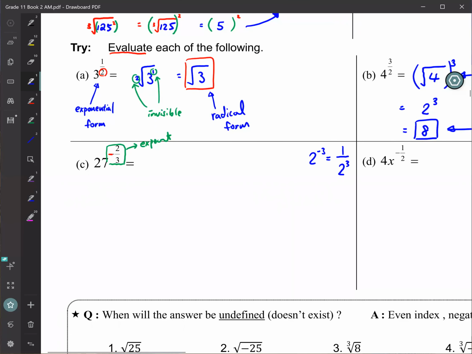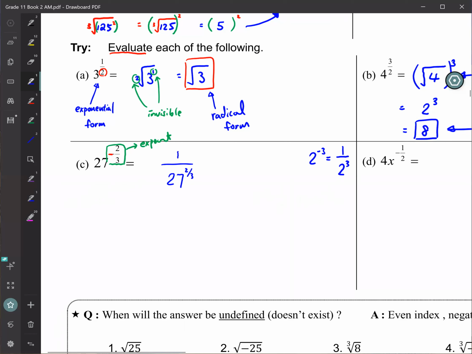Is it just like 1 over the cube root of 27 squared? Okay, yeah, very good. I'll do it slower. You bring everything down to the bottom, but then you keep 27 to the 2 over 3.